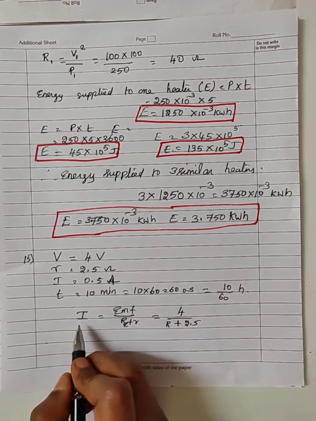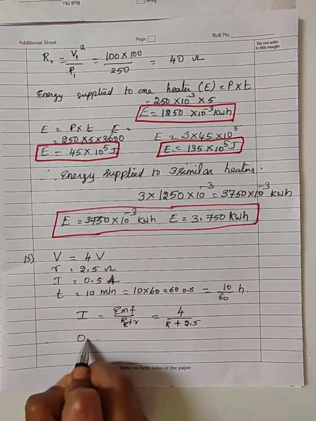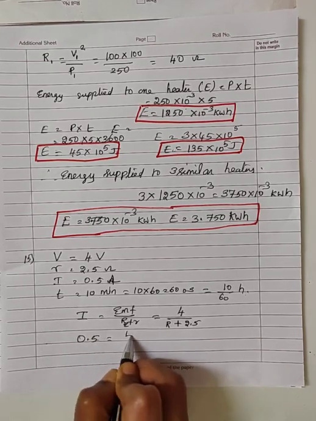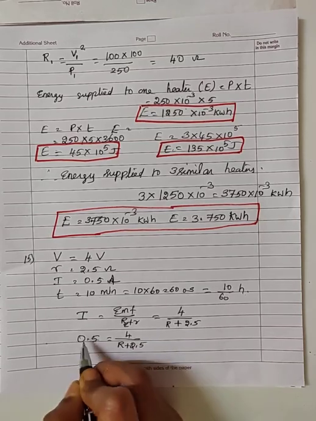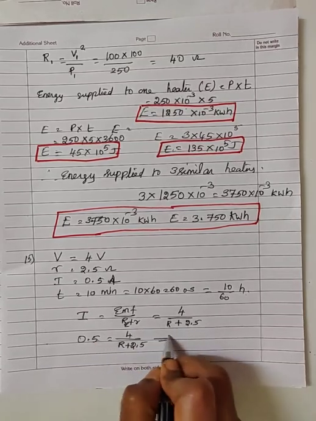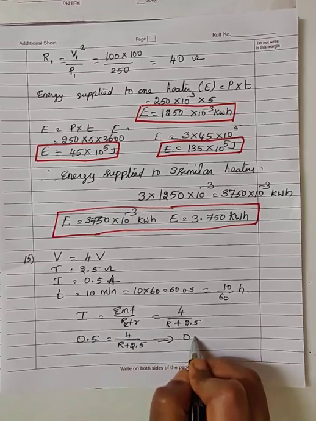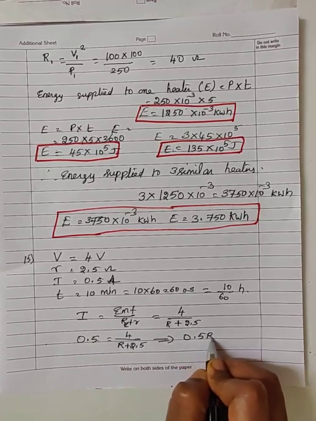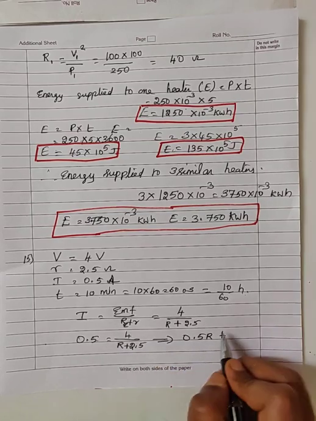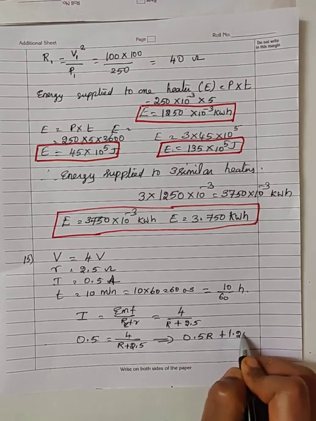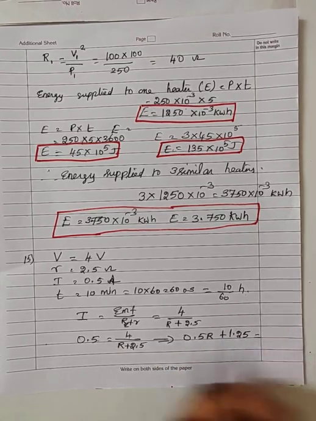The current drawn from the cell is given as 0.5. So 0.5 is equal to 4 by R plus 2.5. On cross multiplication we will be getting 0.5 R plus 0.5 into 2.5, which is 1.25, is equal to 4.